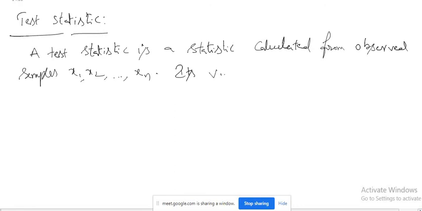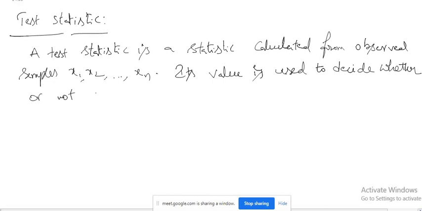Its value is used to decide whether or not the null hypothesis should be rejected.